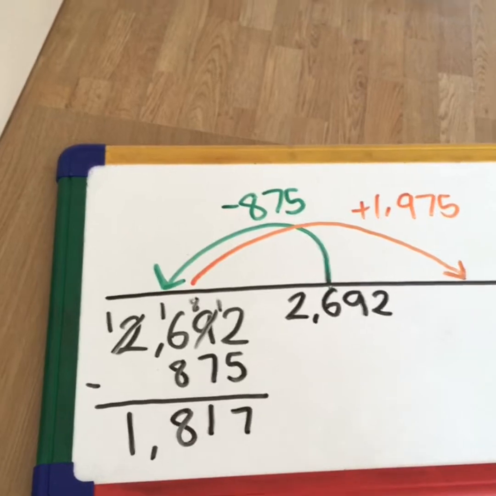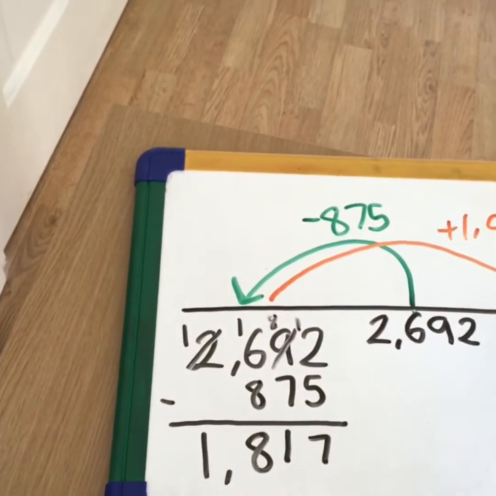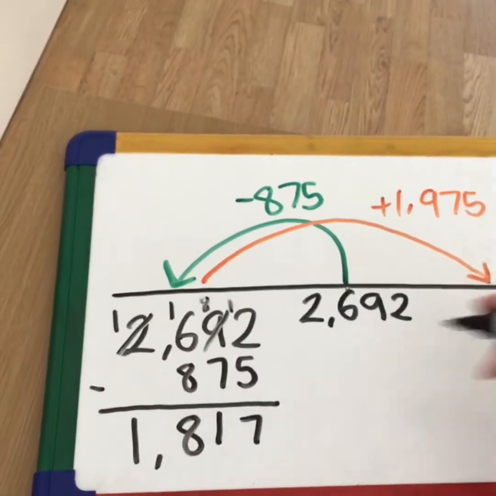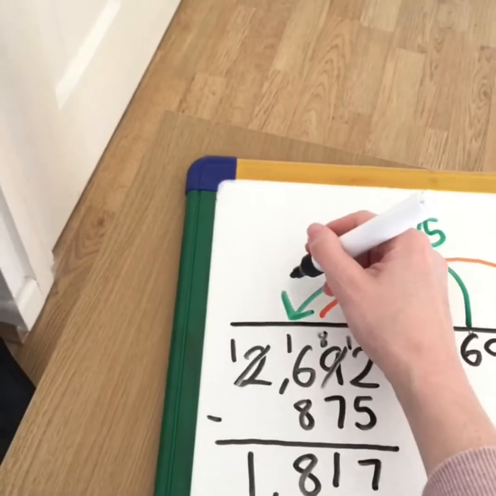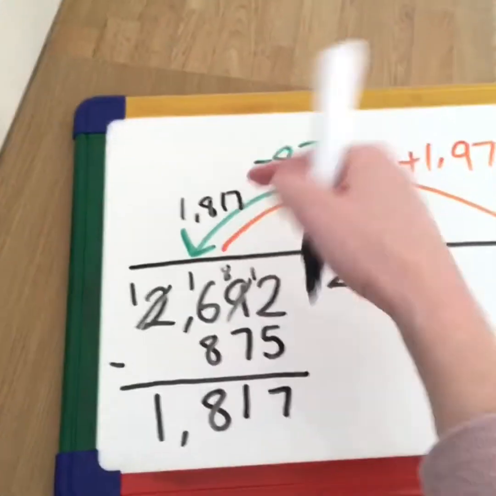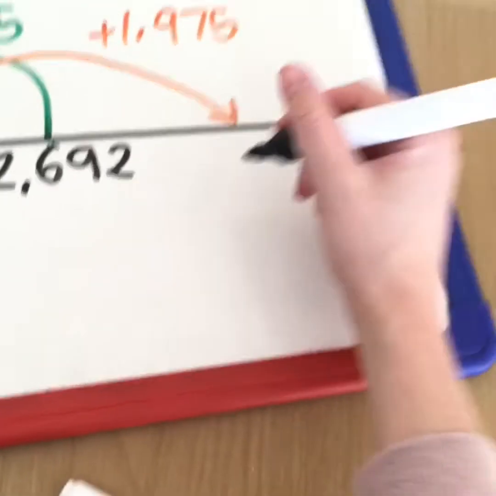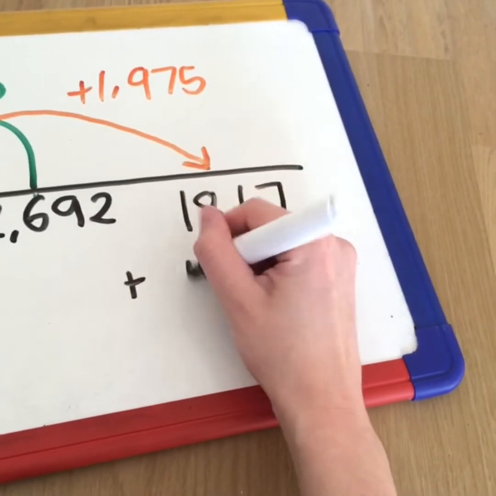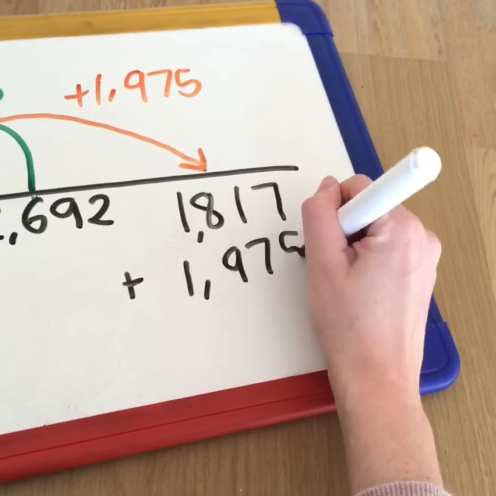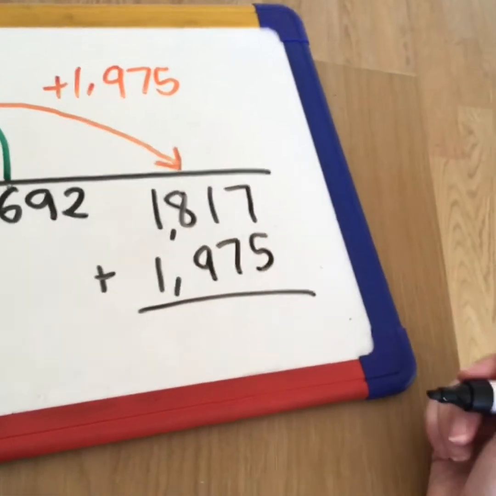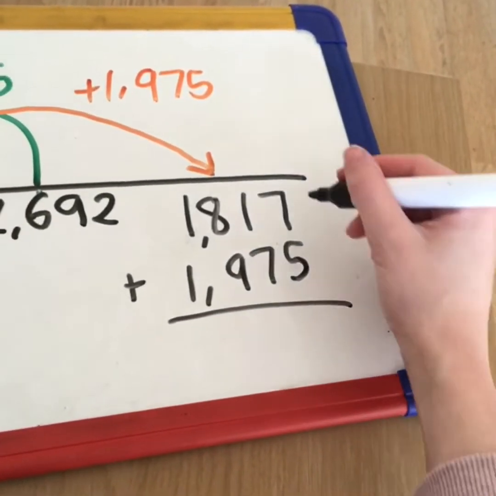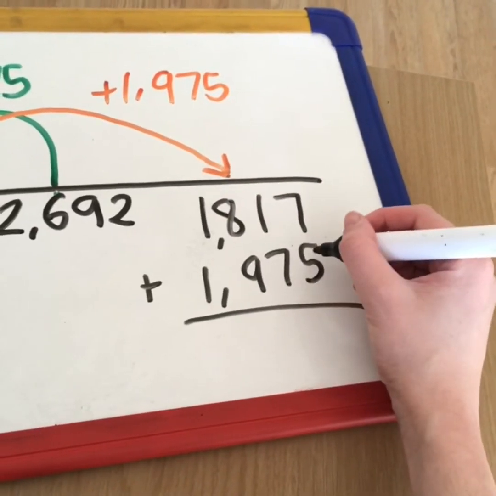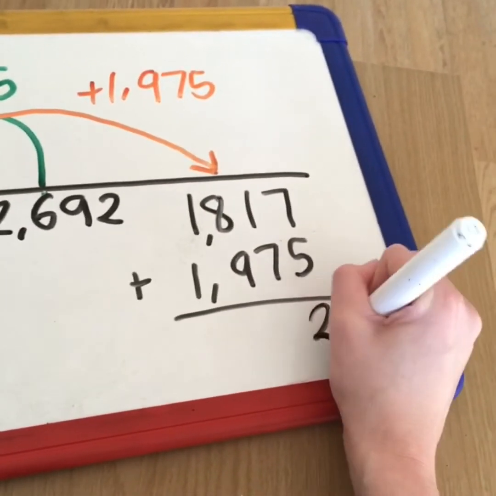No, not quite yet, because now I need to add on the trees that got replanted. So now I'm going to start with this number because this is actually here on my number line. So now I'm going to do over on this side, 1,817. I'm going to add 1,975 because those were the new trees that have been planted. So this time I'm adding 7 add 5, or 7 add 3 makes 10, and I'm adding 5, so that's going to be 12.